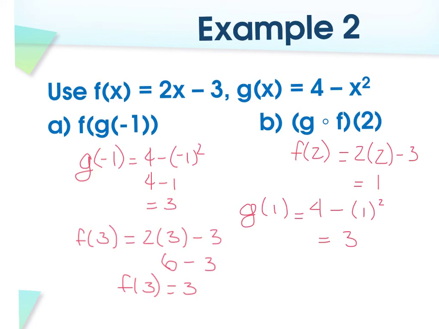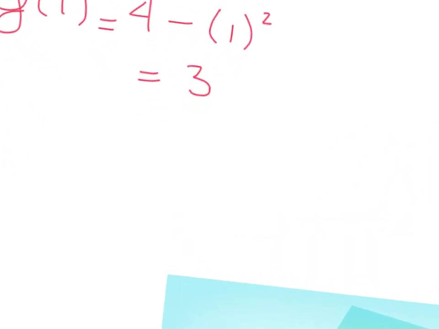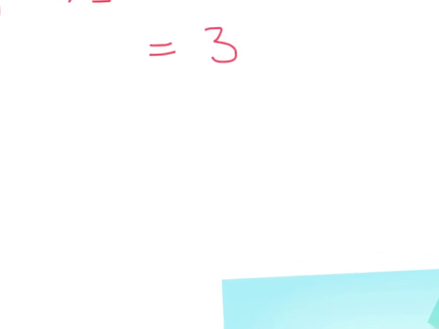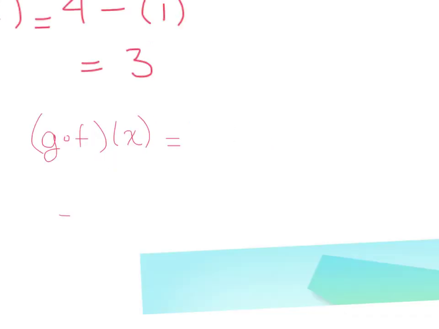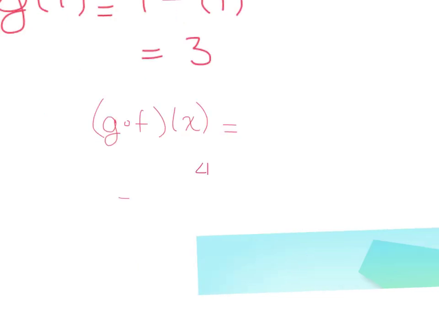Now I said that you can do g of f of x and then plug in 2. So let's take a look at that. So g of f of x, wherever f is, I'm going to plug in g. So that's going to be 4 minus whatever f of x is, which is 2x minus 3, and we're going to square it.